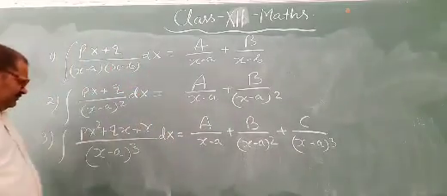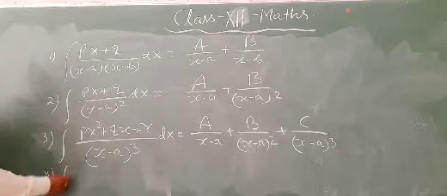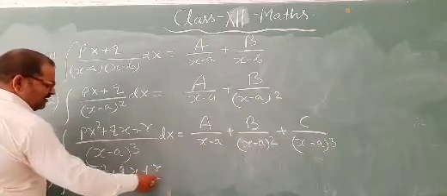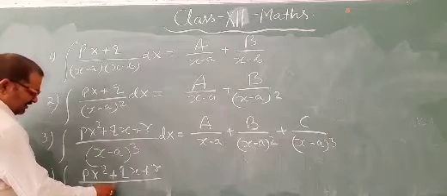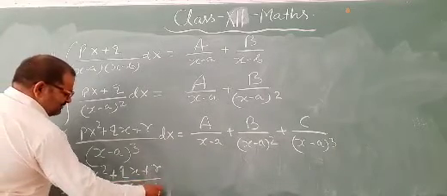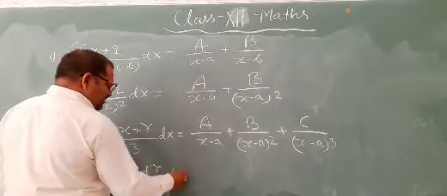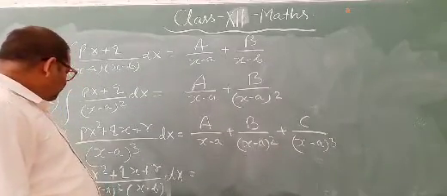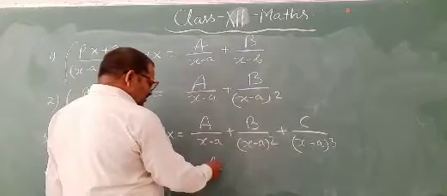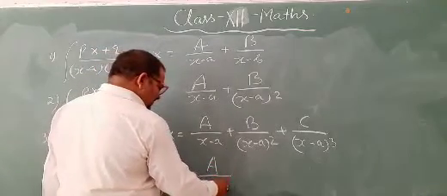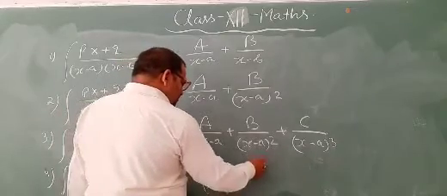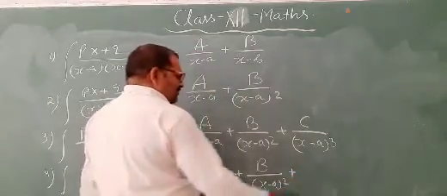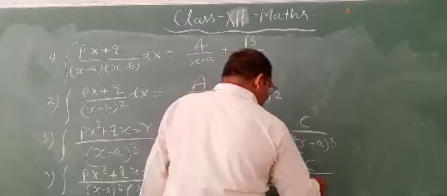Number 4: integral of (px square plus qx plus r) upon (x minus a) square (x minus b) dx is equal to a upon x minus a plus b upon (x minus a) square plus c upon x minus b.